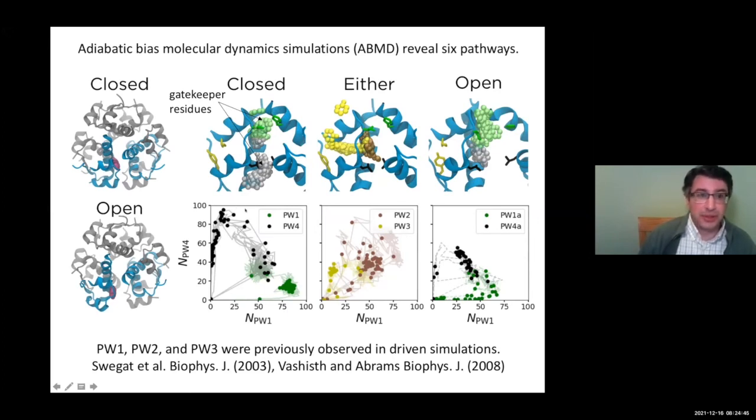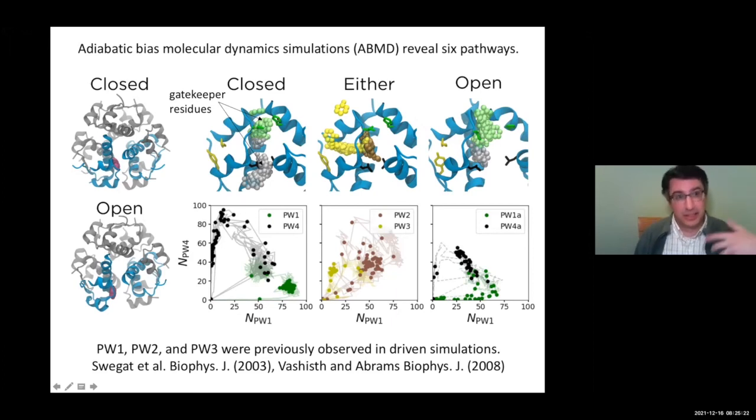And then if you count the closed and the open states as separate pathways, then we see 6 pathways of escape for the phenol. These van der Waals spheres are the phenol with many configurations superimposed. So pathway 1, or pathway 1A, which is similar but has an open channel, is the phenol coming up through these 2 green residues, which are so-called gatekeeper residues.